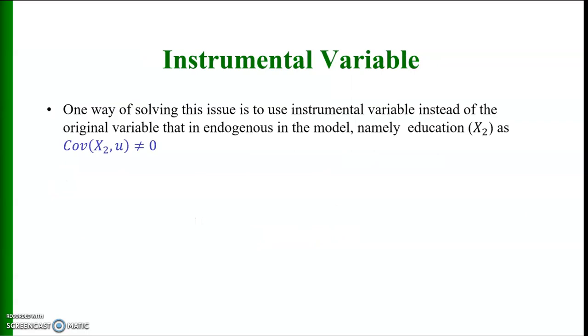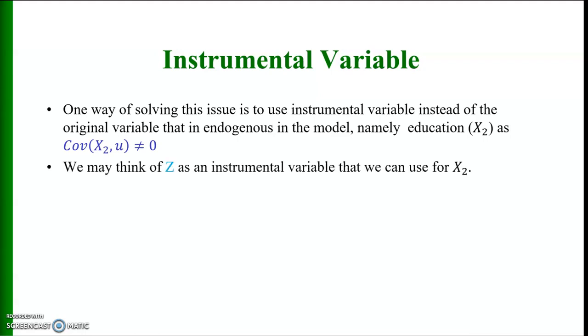One of the ways to deal with the problem of endogeneity is to use an instrumental variable instead of the original variable that is endogenous in our model, and that is education, denoted by x2, and we know that the covariance between x2 and the disturbance term is not equal to 0.